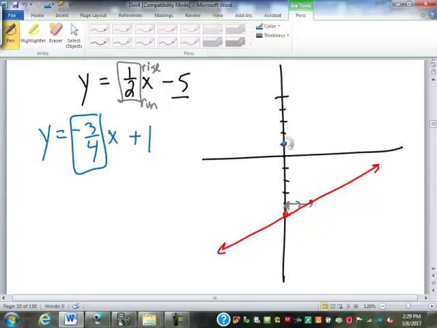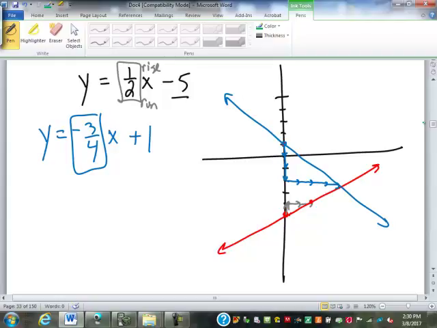So from that point, I go up or down? Down 3. Very good. 1, 2, 3. And I run how far? 4. 1, 2, 3, 4. So there, that blue line is the line for that graph. It's the graph of that equation.